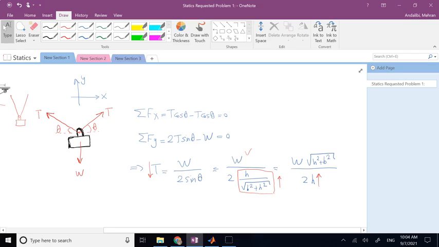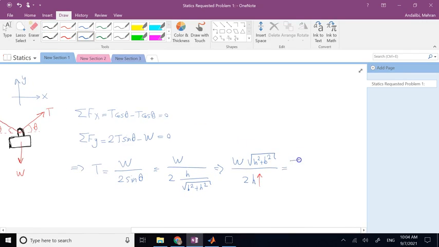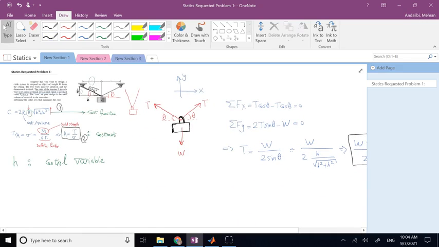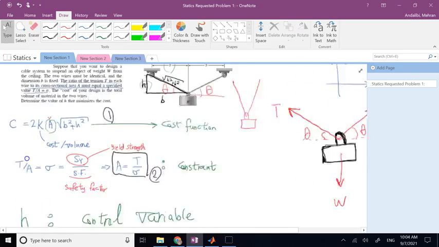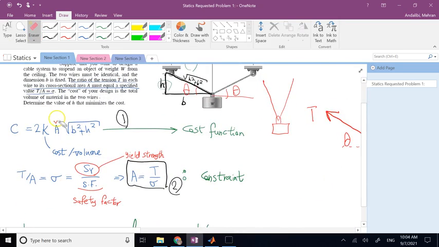And this final value for T, this I would call equation number 3. So if I plug in 3 into 2, then I can find a directly as a function of h, and then what I can do is plug the result of that into 1.